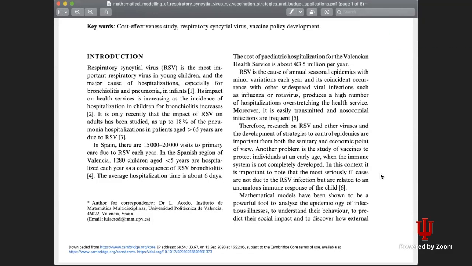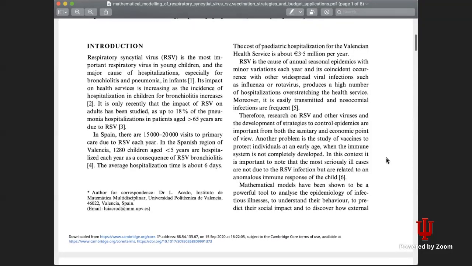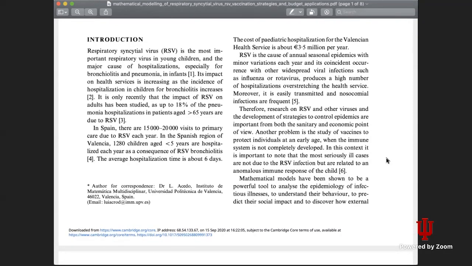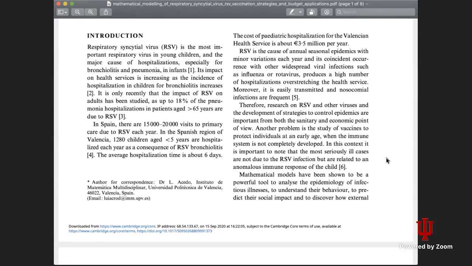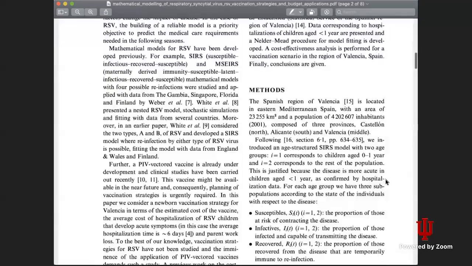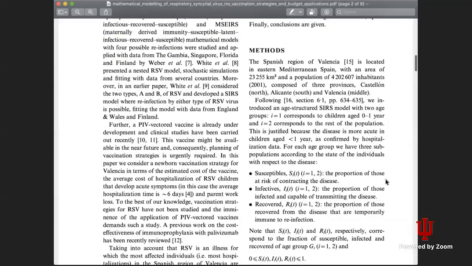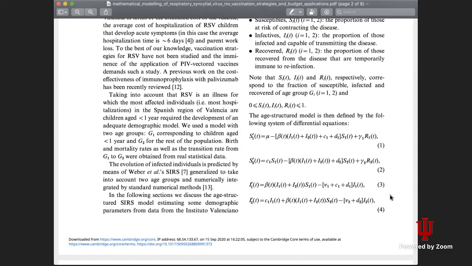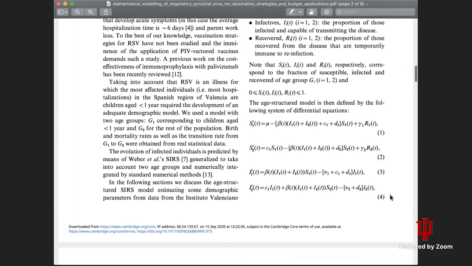So the final step they take in this is basically a cost analysis of the hospitalizations of these children that are patients. But the modeling of the infection and the hospitalizations really is kind of interesting. Here's their kind of set of equations, and they're also pretty clear with all the parameters.